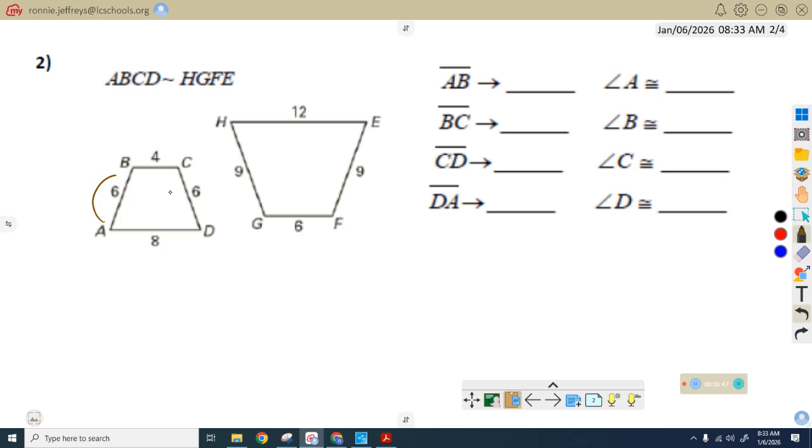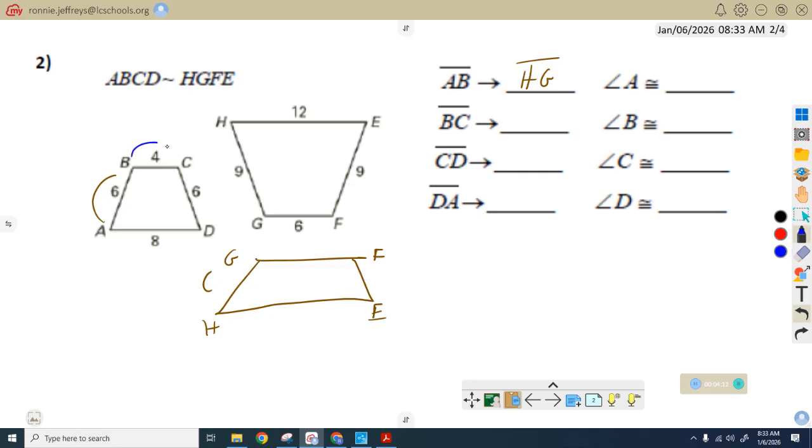Is it facing the same way as this one? No, it's not. It's actually kind of flipped. So G would be here, F, E, and H. So AB would go H, G.